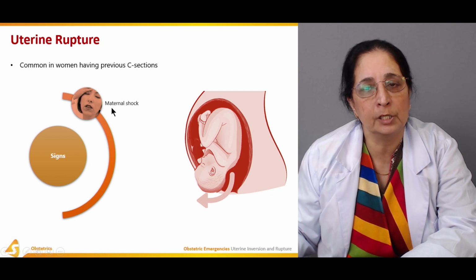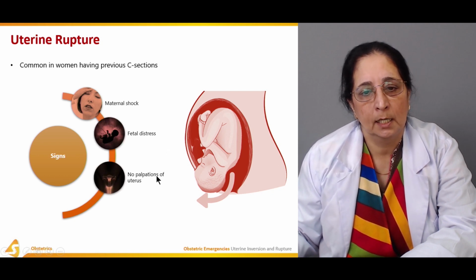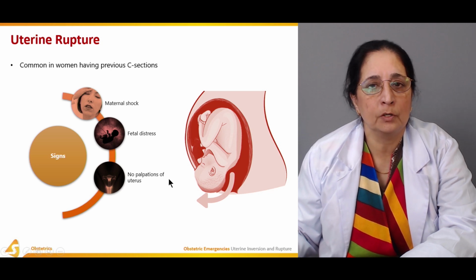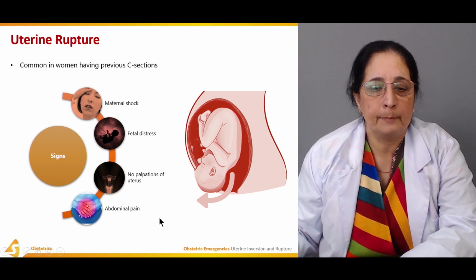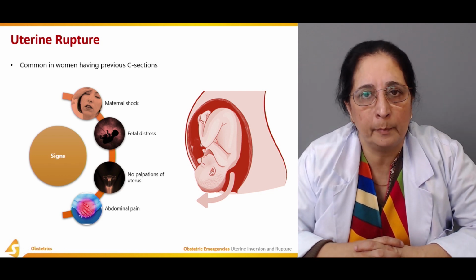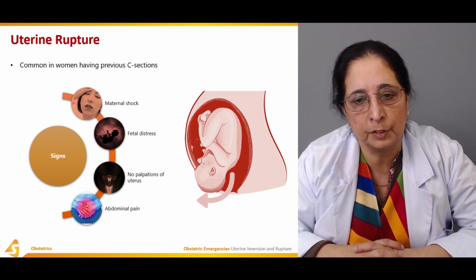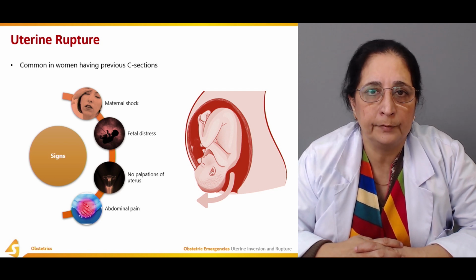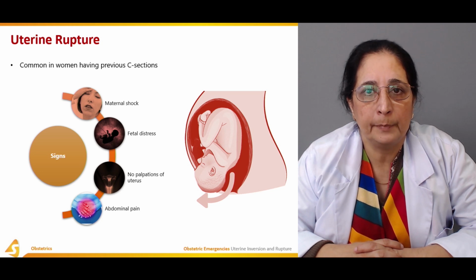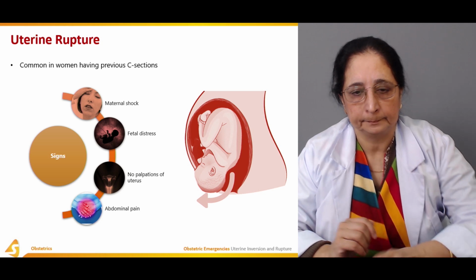Signs are maternal shock, fetal distress, no palpation of the uterus, and abdominal pain. With uterine rupture, all these are common. The mother can go into collapse, shock, low blood pressure, and there is distress of the fetus, but no palpation of the uterus when the abdomen is palpated.